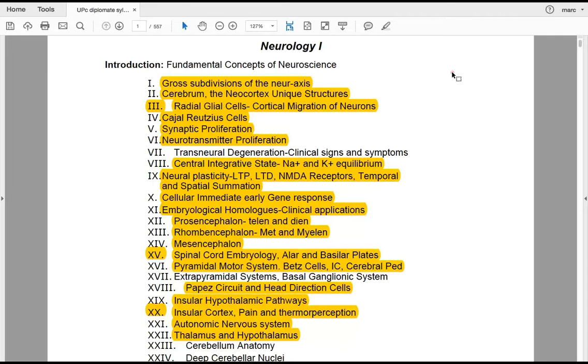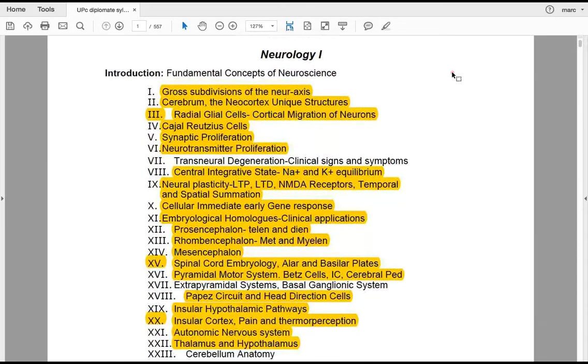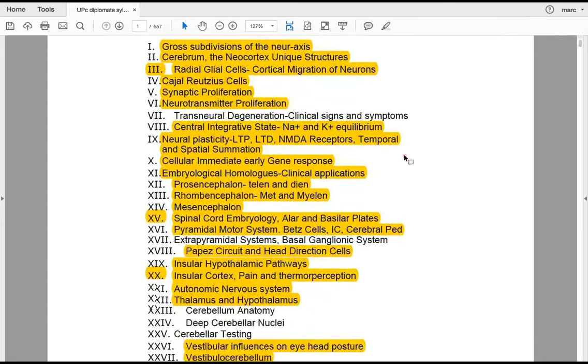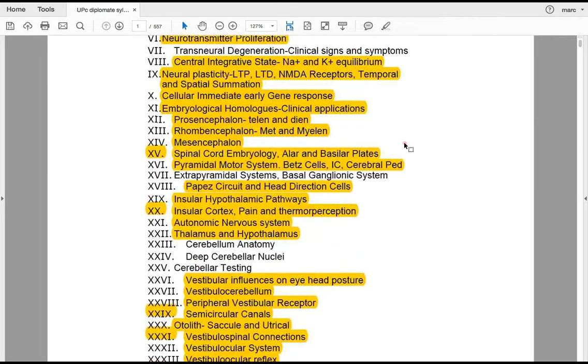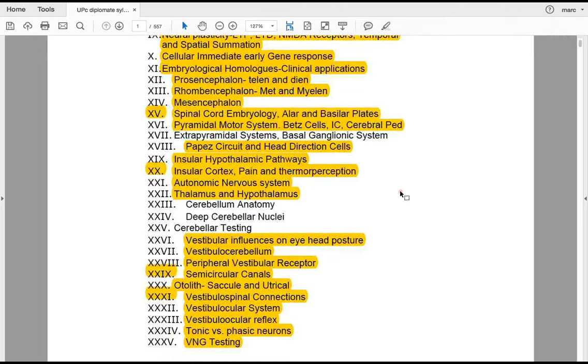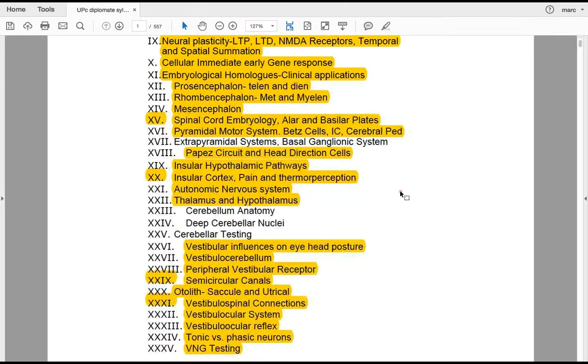I went and just highlighted our syllabus in Neurology 1. I think we went over most of these things pretty well. I left neurodegeneration, extrapyramidal systems, the basal ganglionic systems, and the cerebellum to go over again.